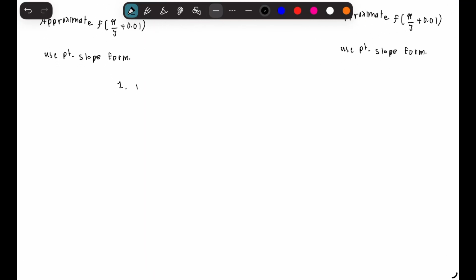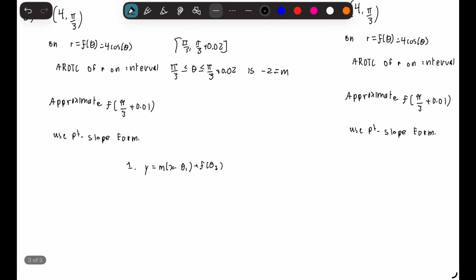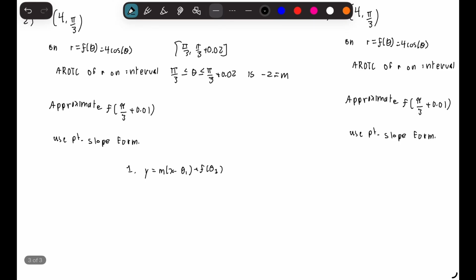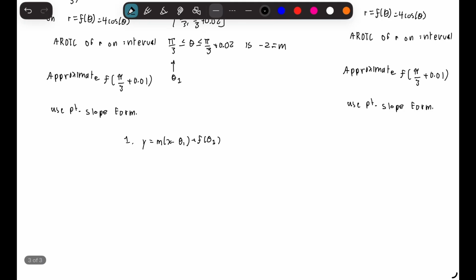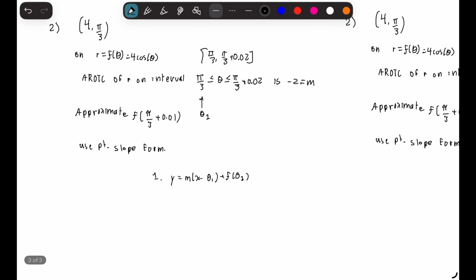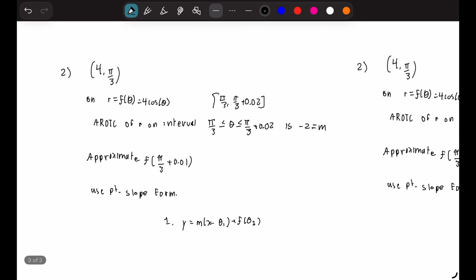Our x is going to be our input, so y equals m times theta minus theta 1, plus f of theta 1. Here m is equal to -2, theta 1 is equal to pi over 3, and here this is going to be our f of theta 1.